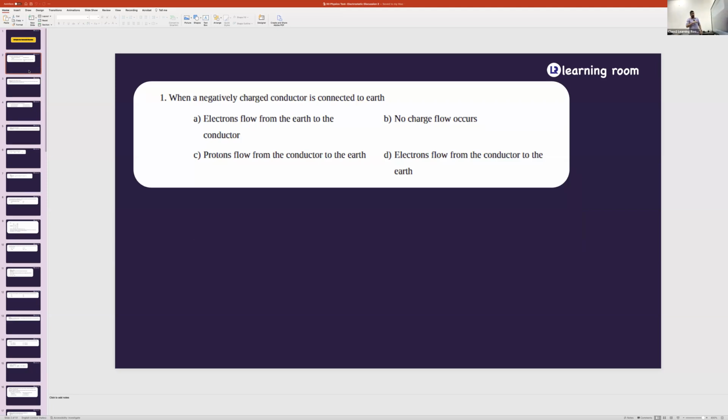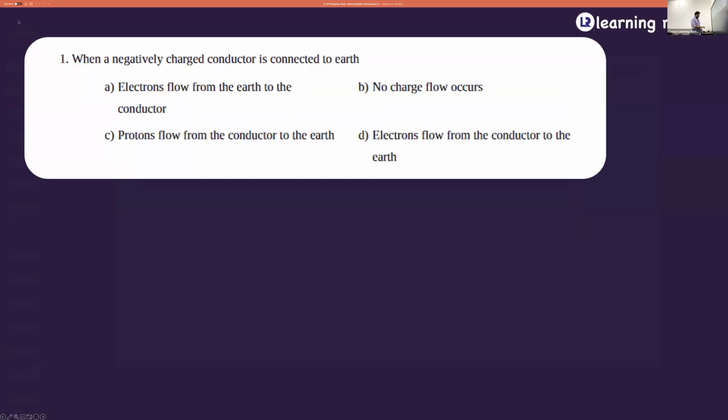See, what is the answer for the first one? When a negatively charged conductor is connected to Earth, let's try to understand why the other options are wrong also. What is the first one?